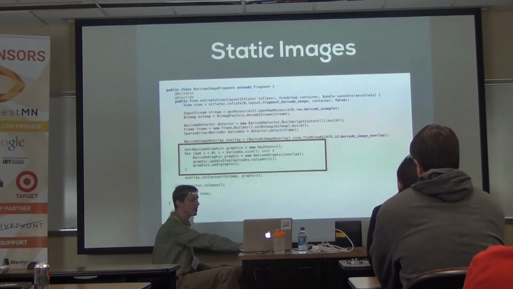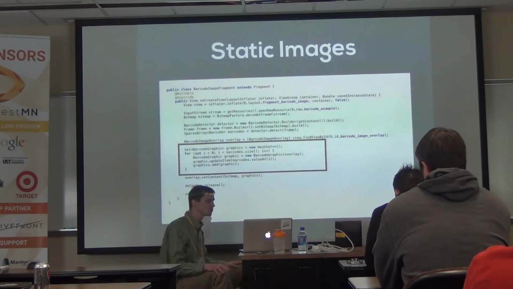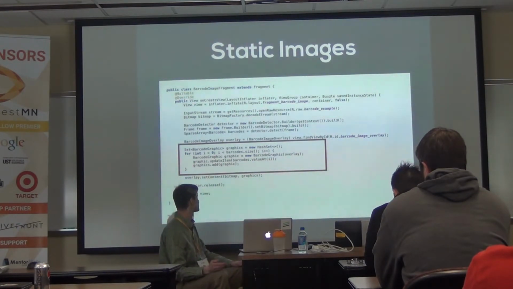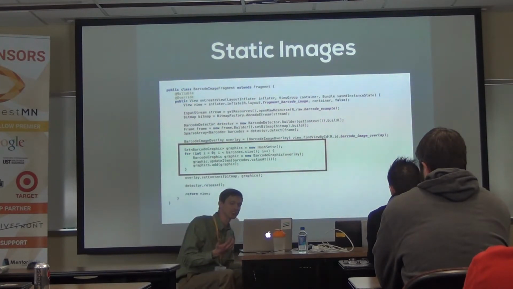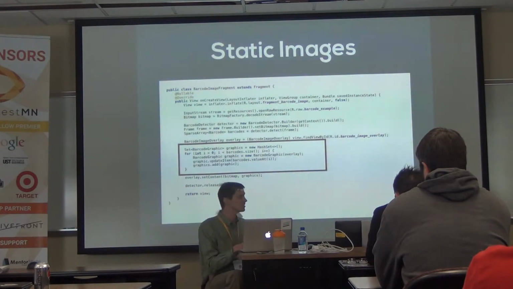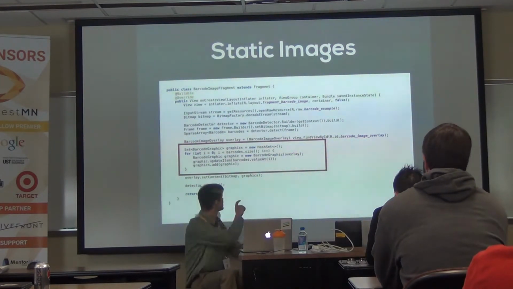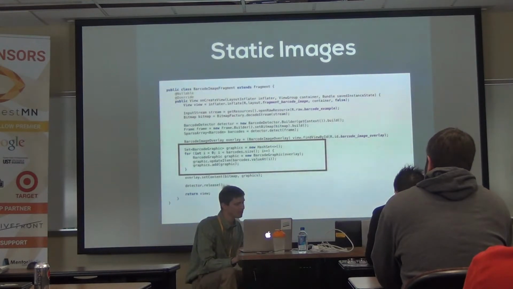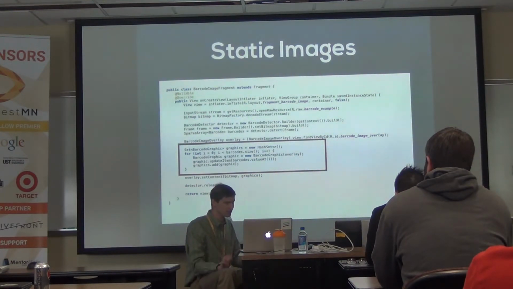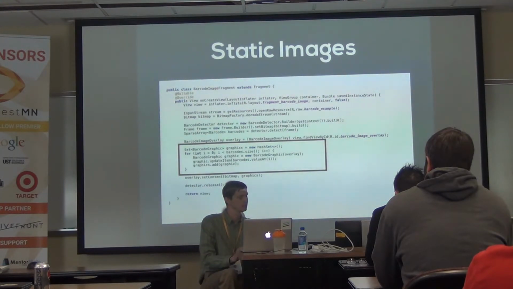We pass in the bitmap so that it can draw that itself, and then the set of graphics. And then that overlay will work just like the other one. On its onDraw, it will call the draw of all these graphics that it's associated with. So the only new stuff here is this initialization code, and I have another overlay that's a little different, but it's pretty much identical to the dynamic version of this.